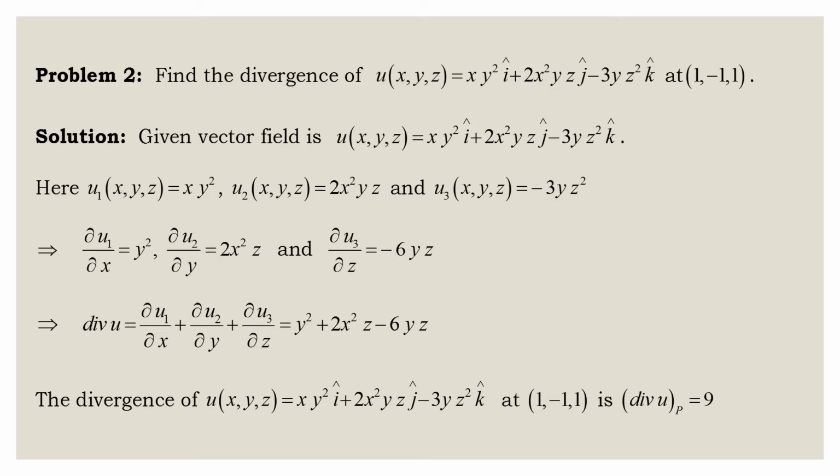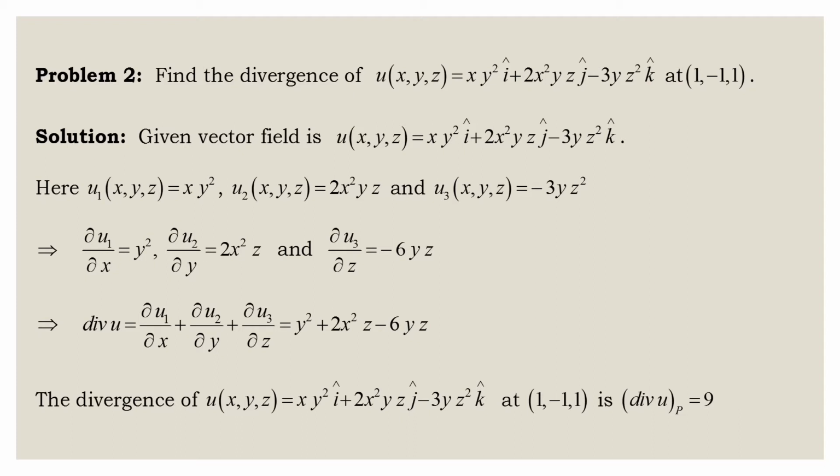Now we found the divergence of u, but we need to find out this divergence at the given point, say P equals (1, minus 1, 1). So we need to substitute x equals 1, y equals minus 1, and z equals 1 in div u.